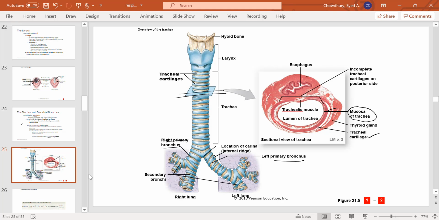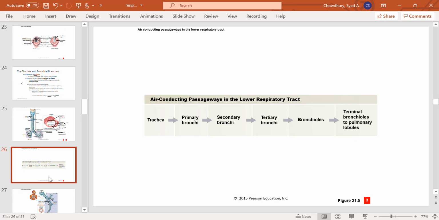So tracheal cartilages are located in the middle layer. So this is the innermost mucosa, this is the middle layer, and outermost layer is called the adventitia. Okay, so those are three layers in the wall.